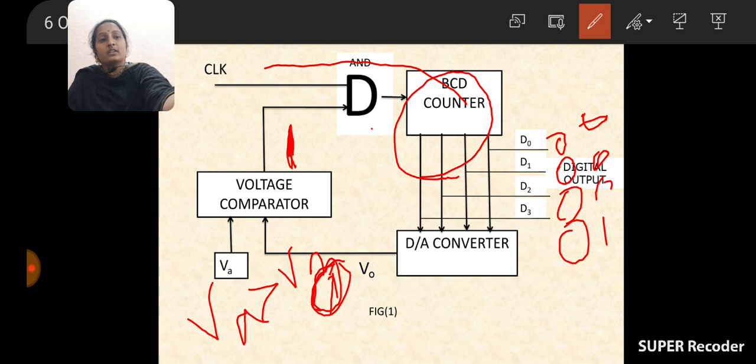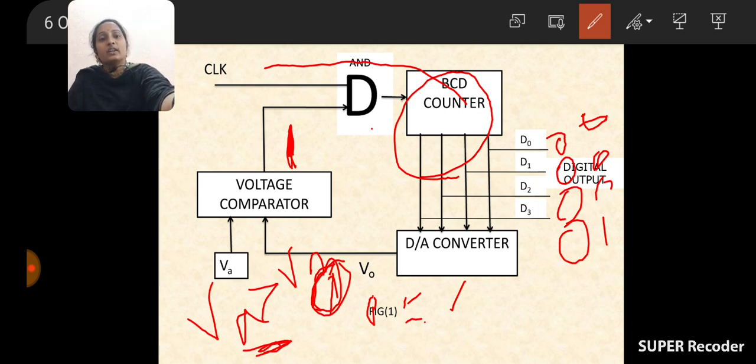This digital value 0 0 0 1 is converted into analog voltage with the help of the D2A converter, and the equivalent analog voltage, say 0.5 volts, is compared with our input voltage again.